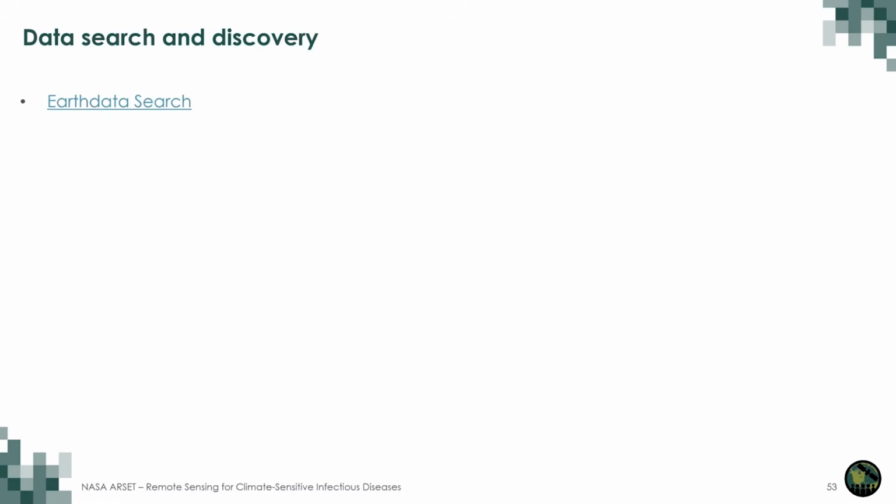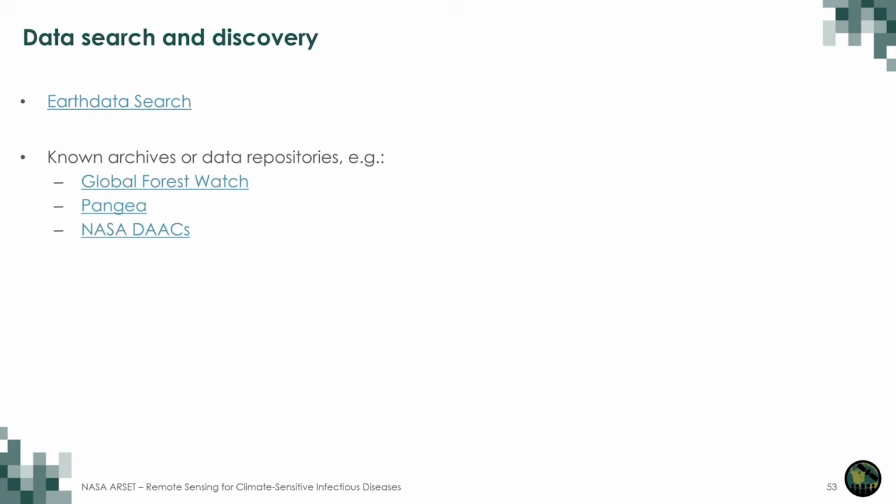So this is one of the portals, but it can be overwhelming when everything is in the same place. In addition to NASA specific data sets, there are a lot of other archives and data repositories.